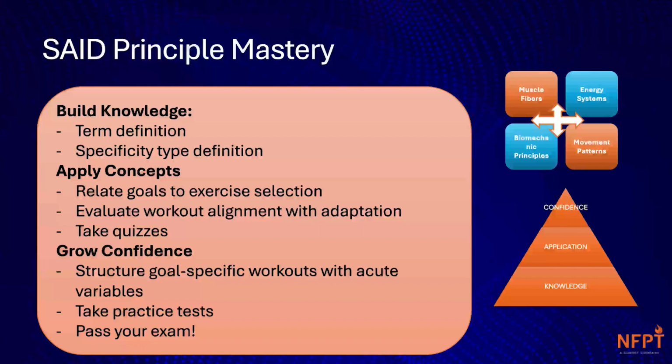So, acute variables are all the different things that you could change in a client's workout in order to achieve that goal they're trying to accomplish. You can also grow your confidence by taking those practice tests. That's growing your confidence for test day, and it's very helpful. And then lastly, you will feel fully confident when you pass your exam, as I know you will.